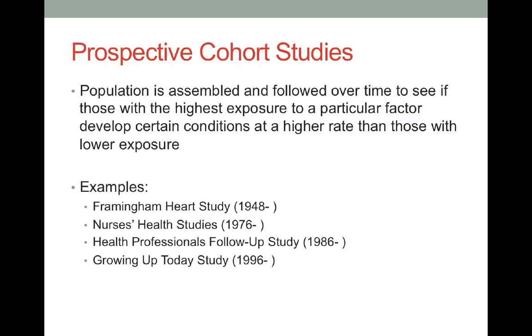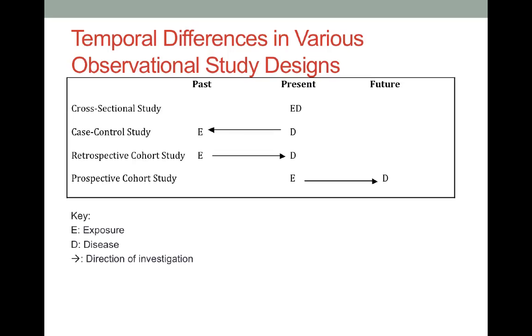So if you were doing this type of study, when you reported it, you would simply detail your methods. Some examples of these are very popular studies that are still going on today, like the Framingham Heart Study or the Nurses' Health Studies.